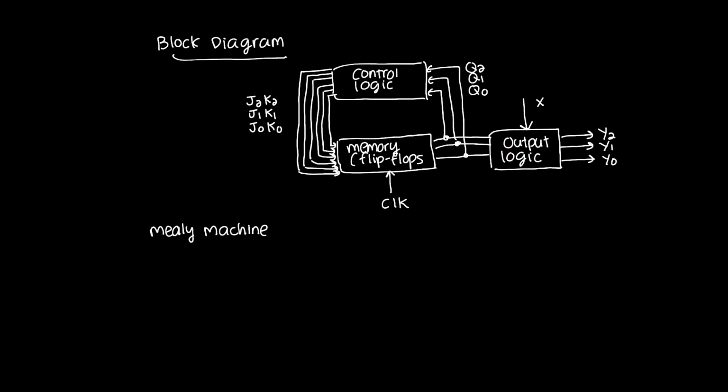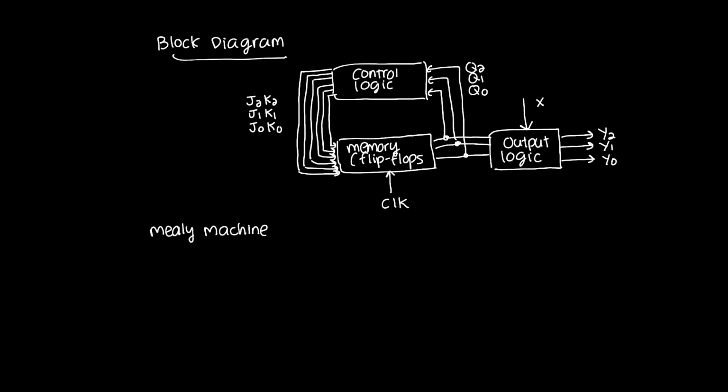Again, not because there are any sequential elements in here, but simply by virtue of all the inputs being fully synchronous. But now when I add this, X can be asynchronous. I can change it at any time in the clock cycle, meaning that my outputs now can change at any time in the clock cycle. So that's what makes this a Mealy machine. Why is that important?